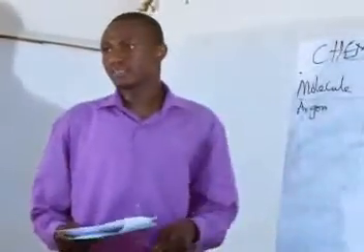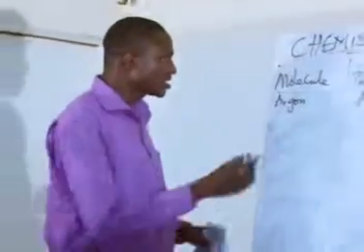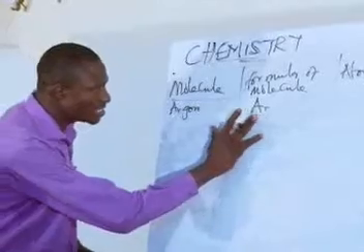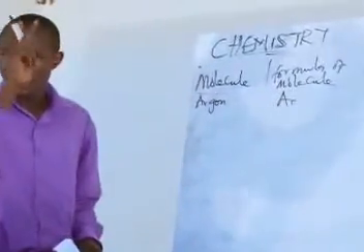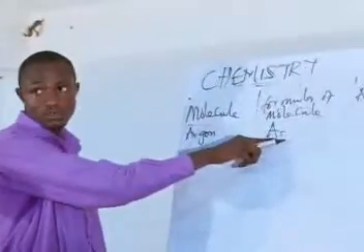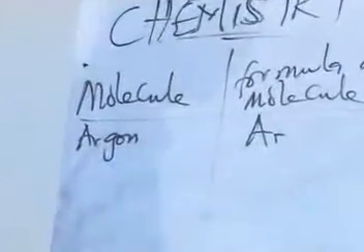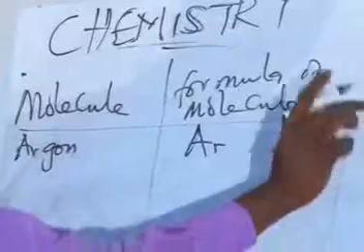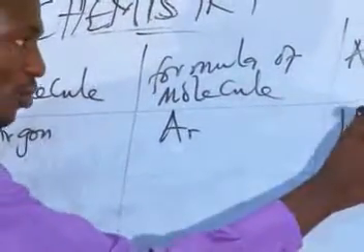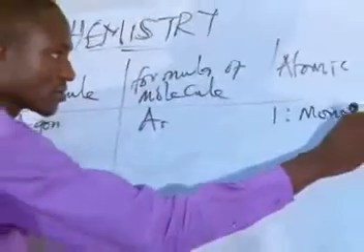Alright, this is the formula of an argon molecule. You can see the whole of this represents a single entity. We have one atom in this molecule, and that atom is argon. So the number of atoms here, which is atomicity, is 1, or we call it monoatomic. So argon is a monoatomic molecule.